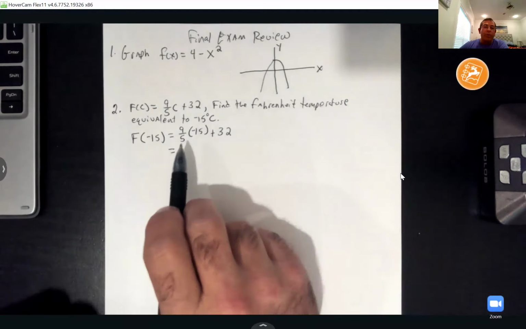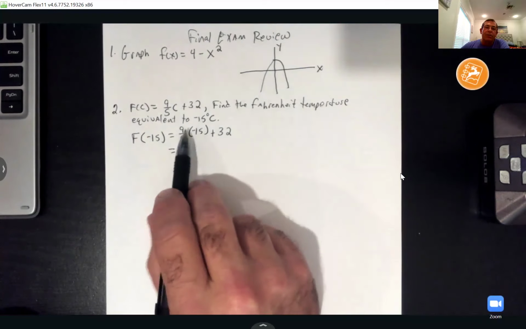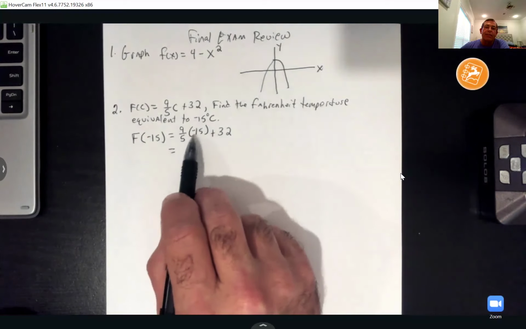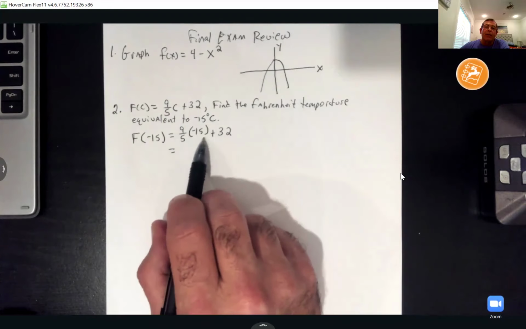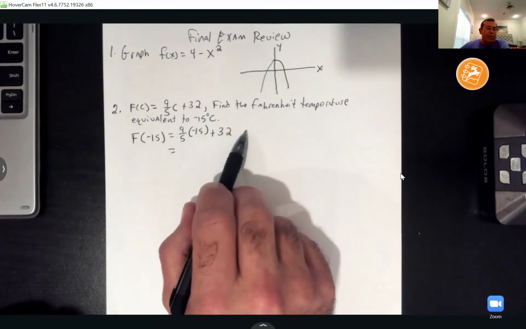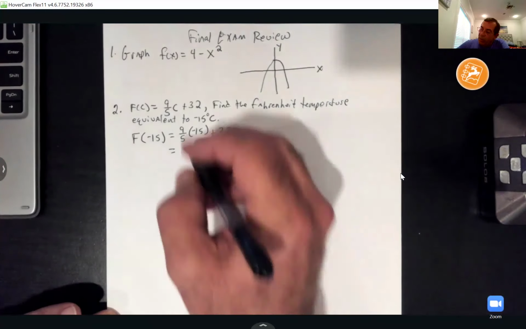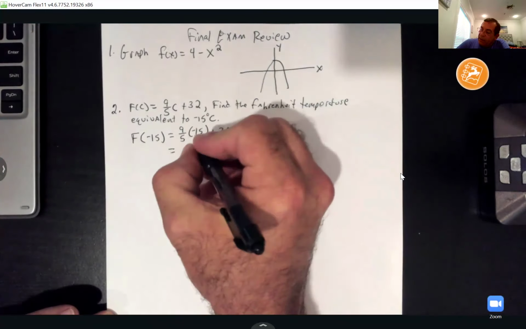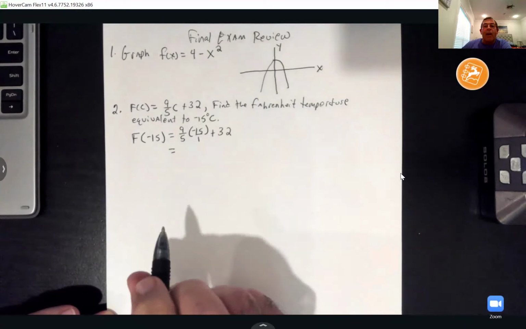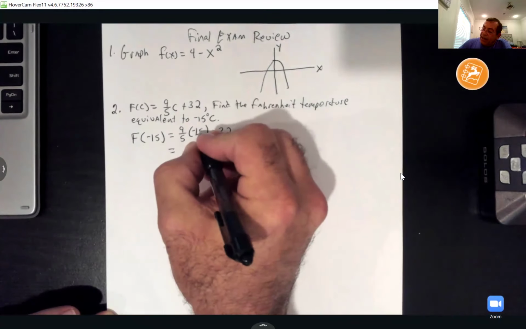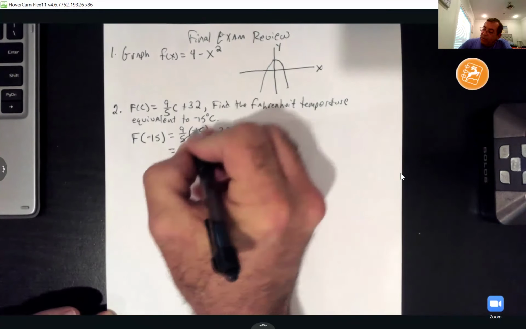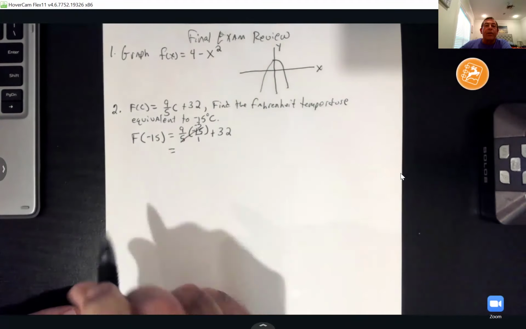Now at this point, you can punch it right in the calculator like it looks: 9 divided by 5, parentheses, negative 15, close parentheses, plus 32. Okay? Now, I'm just going to do it by hand real quick. If you treat the negative 15 like a fraction, this negative 15 and 5 will reduce to a negative 3.